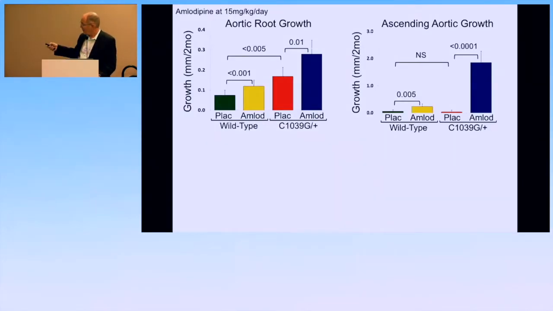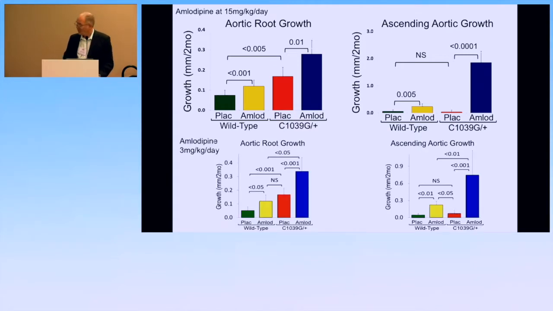There is some acceleration in the growth of the aortic root in calcium channel blocker treated mice, but a much more dramatic acceleration in the distal ascending aorta, an aortic segment that's typically preserved in Marfan syndrome. We also found that this was not strictly related to the high dose of amlodipine that was being used.